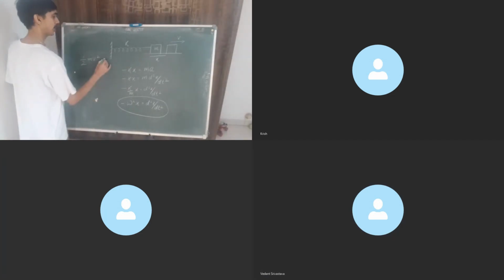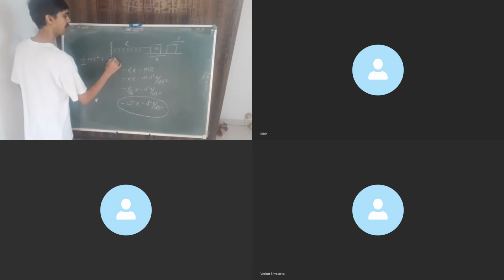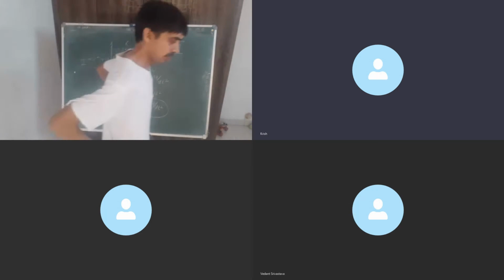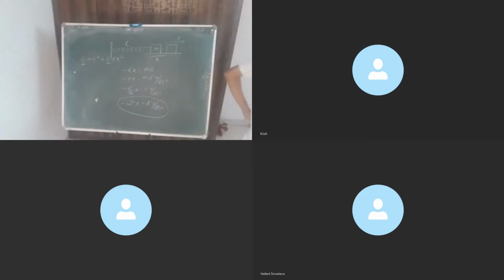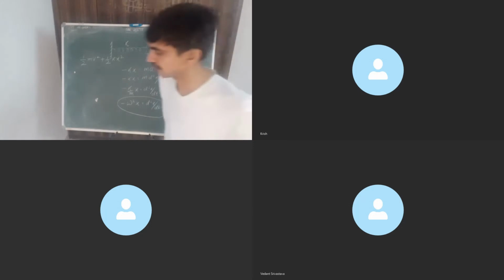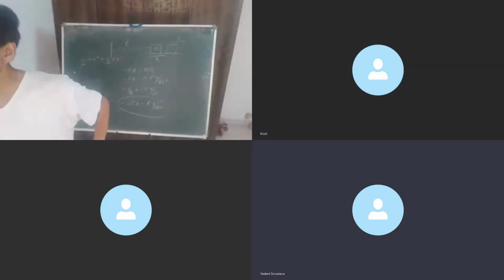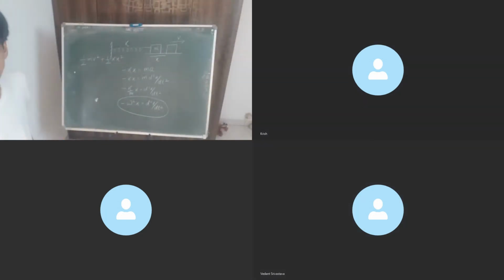And what about potential energy? Potential over here means half k x square, right? Potential doesn't mean gravitational potential energy. That is not changing, you can see for yourself, and that is not a force which varies.